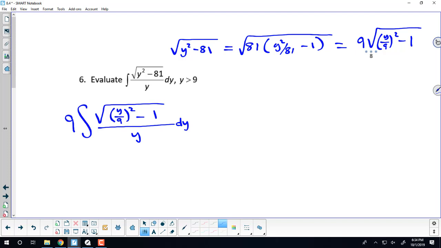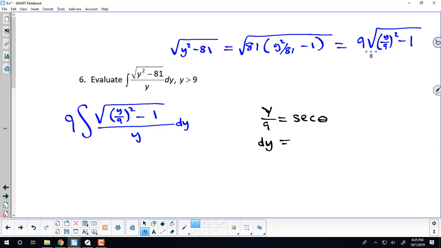All right. So what should our trig substitution be? Secant? Do y'all agree? Should that be secant? Yeah, because if y over 9 is secant, then that's secant squared minus 1, which turns into a perfect square, tangent squared. So we should let y over 9 be secant theta.